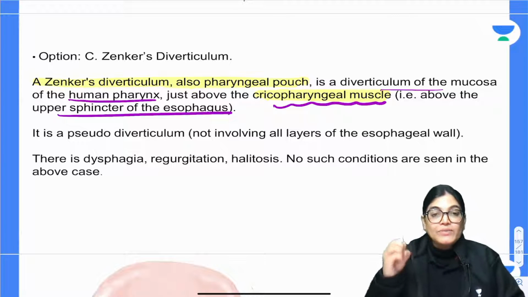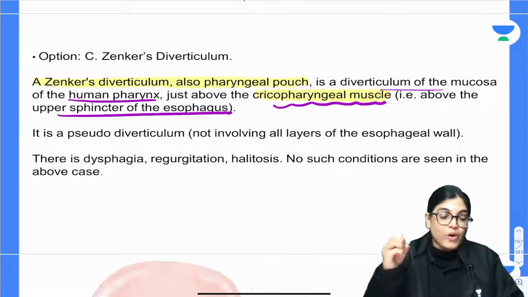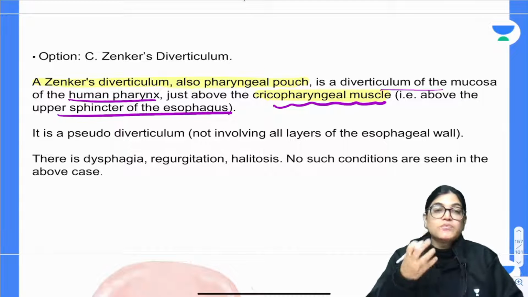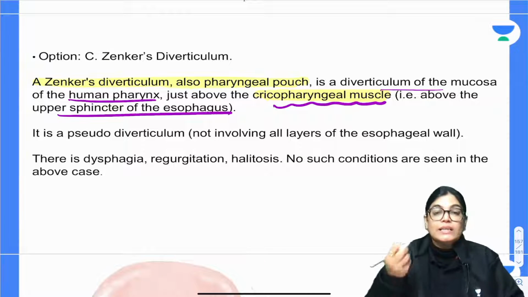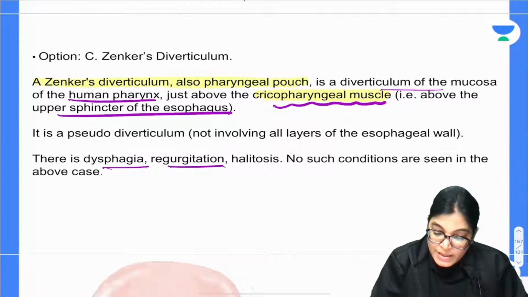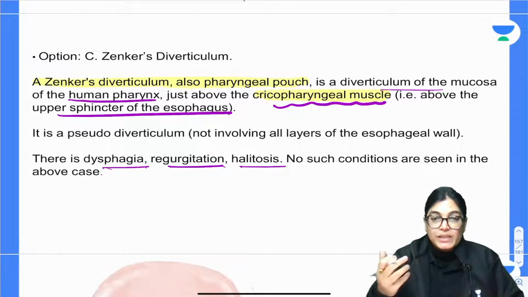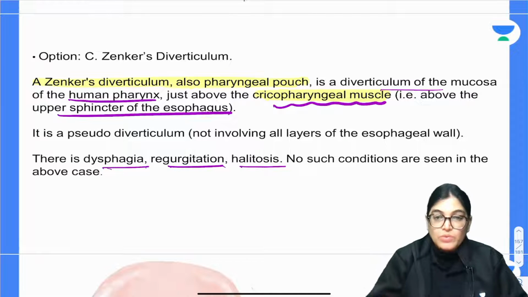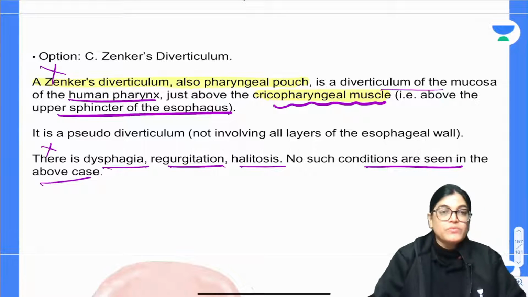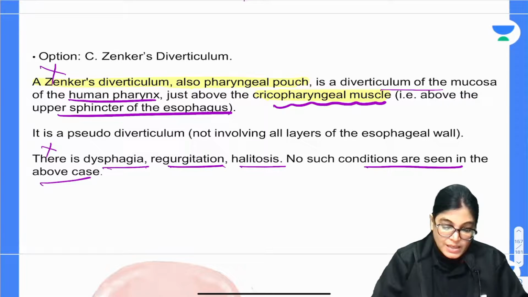The pseudo diverticulum which forms does not involve all the layers of the esophagus. In Zenker's diverticulum, the clinical symptoms are dysphagia, difficulty in swallowing, regurgitation, and halitosis, bad breath from the mouth. None of these clinical symptoms was presented in the case, so we will not go with Zenker's diverticulum as the correct answer.